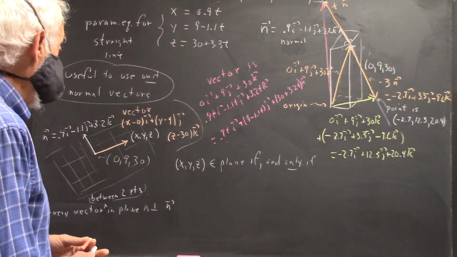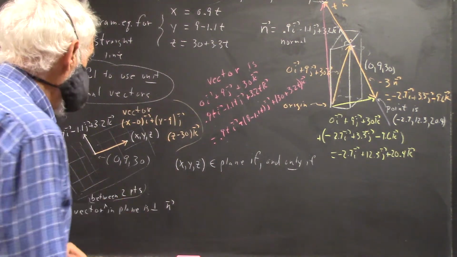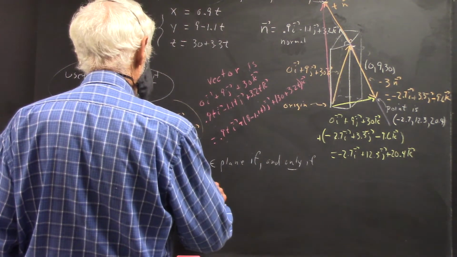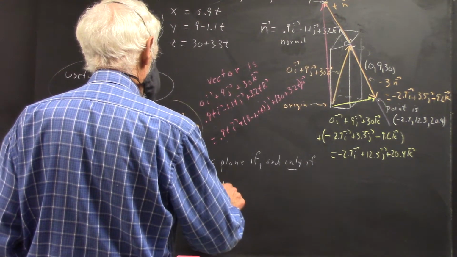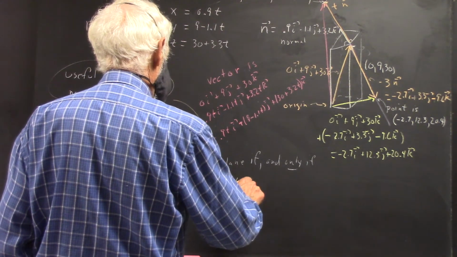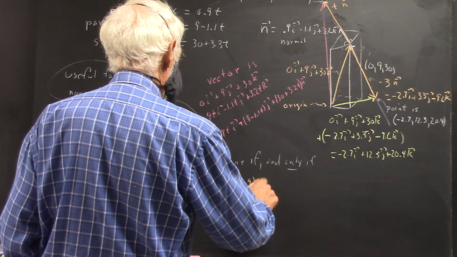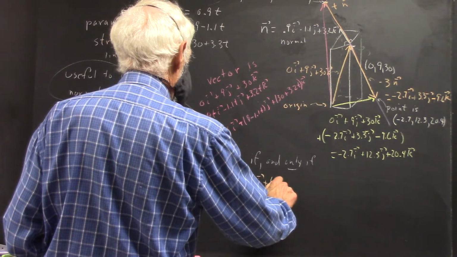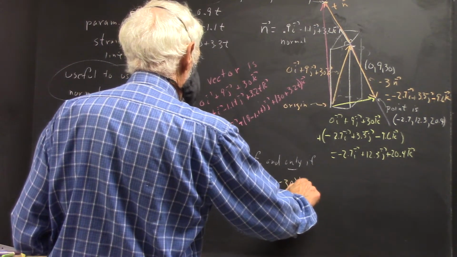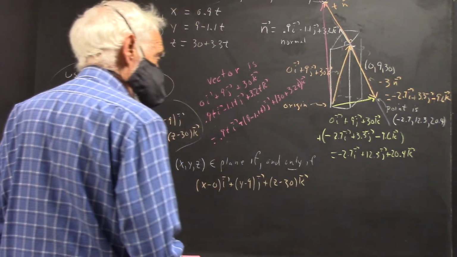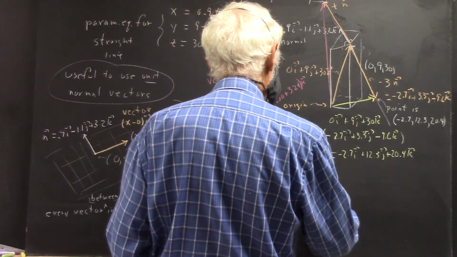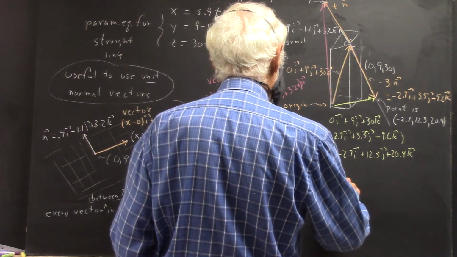So it's in the plane if and only if this vector is perpendicular to n.